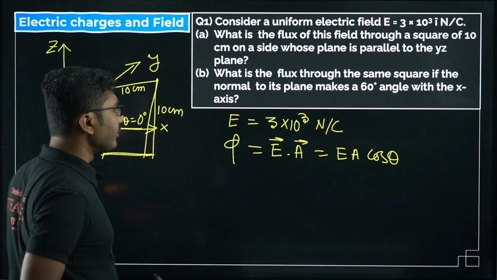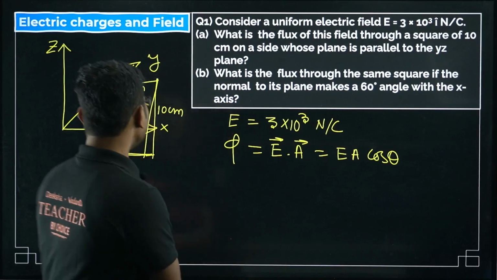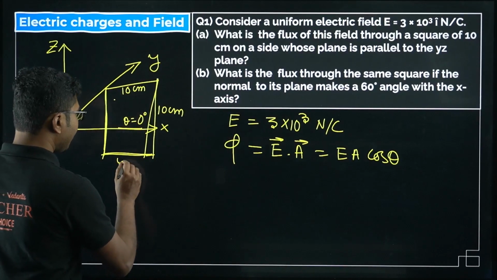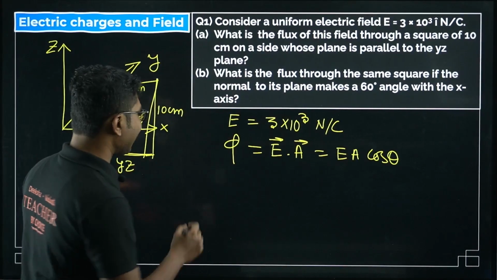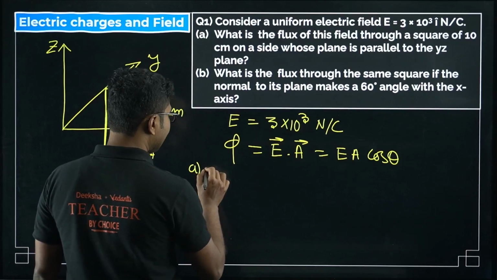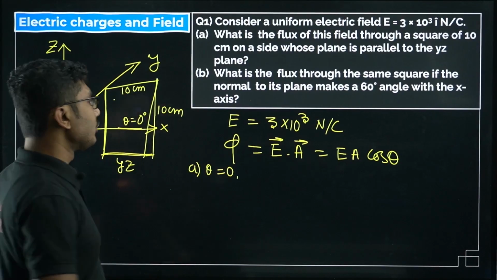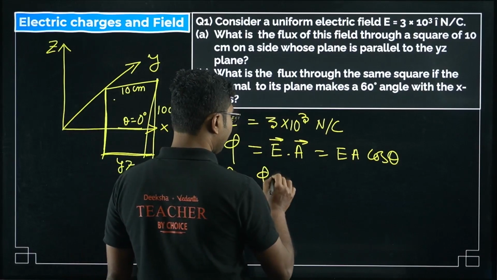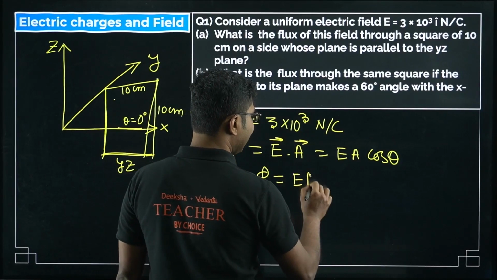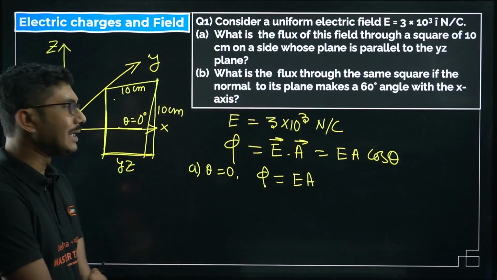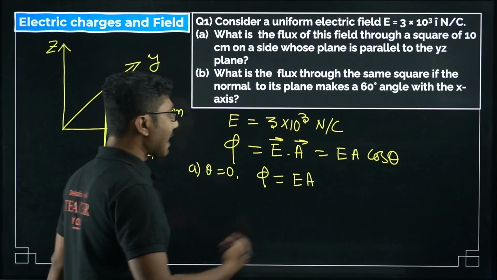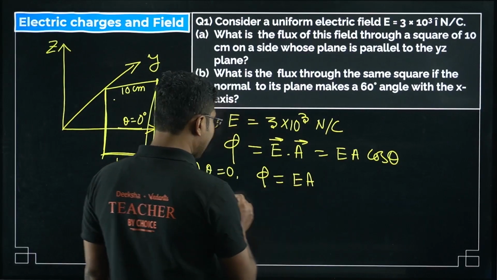So cos 0 is 1, right? So that is the meaning of YZ plane. First case A, theta equals 0, so the electric flux is given by only EA. You have to calculate the area, multiply it and get the value. As simple as that.